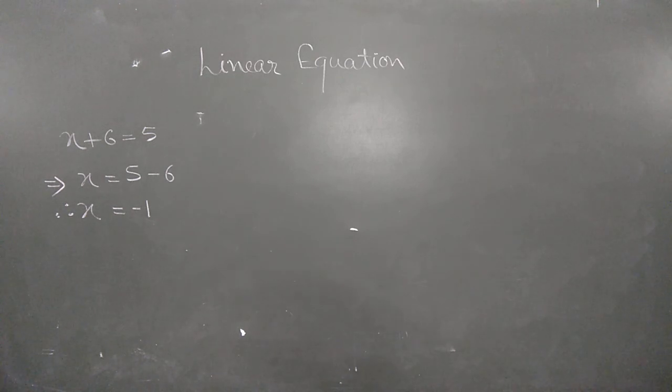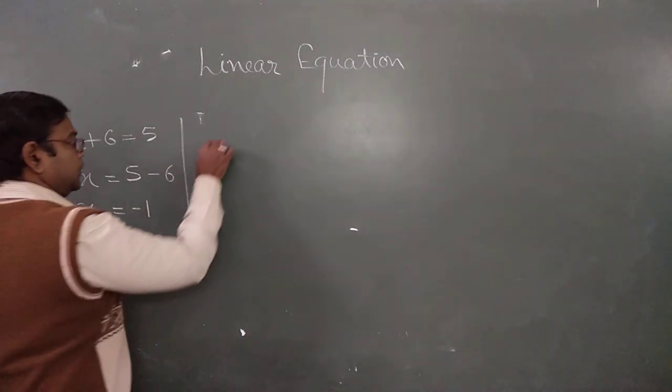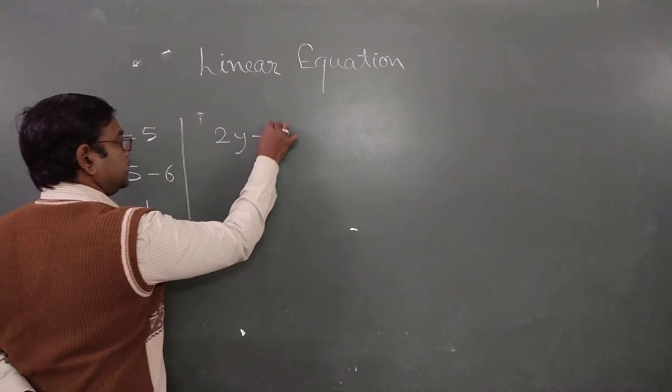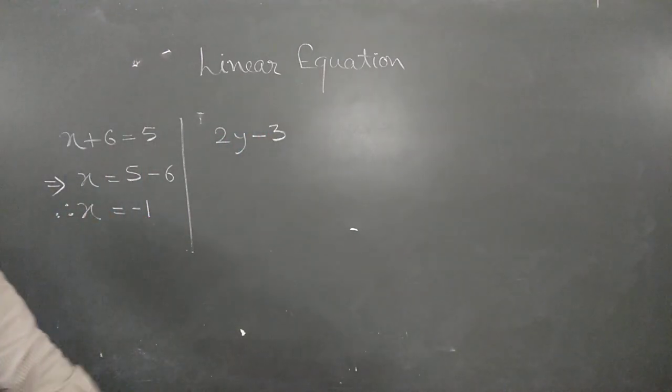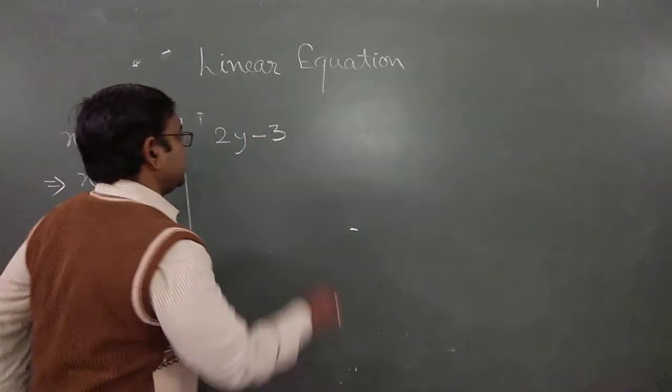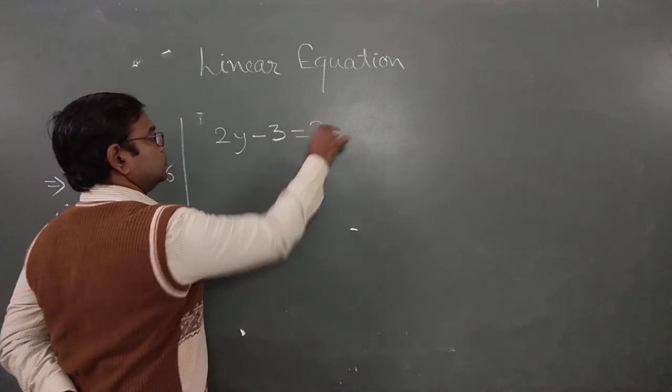Then the next one is 2y minus 3. Remember, look at this one very carefully: 2y minus 3 equals 2.